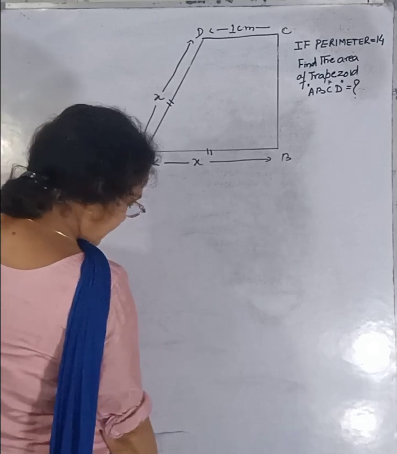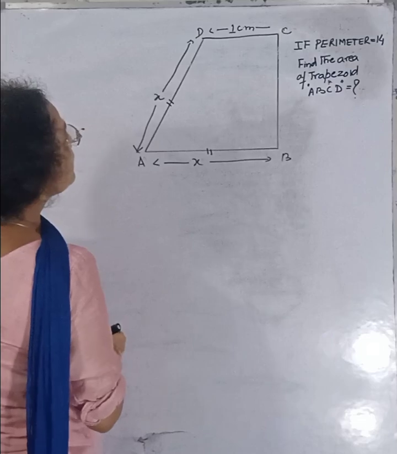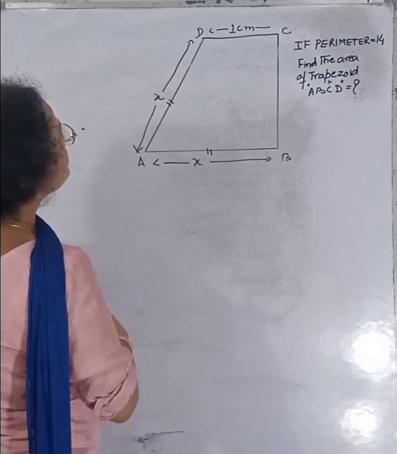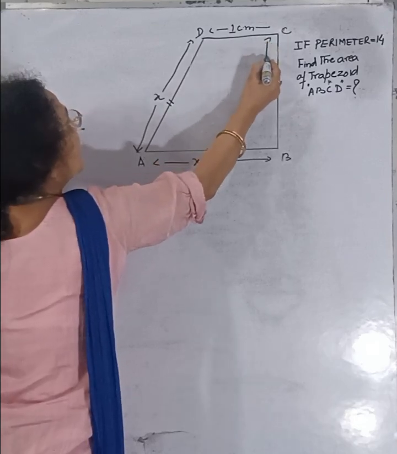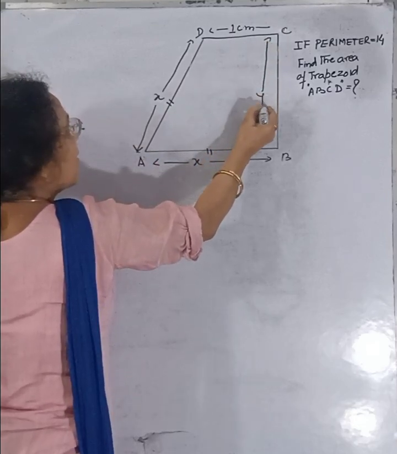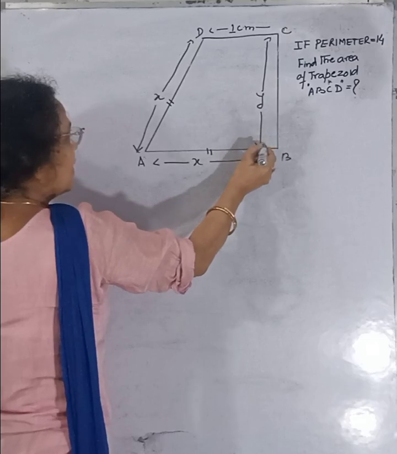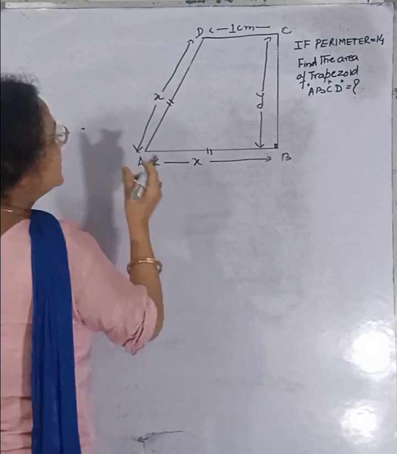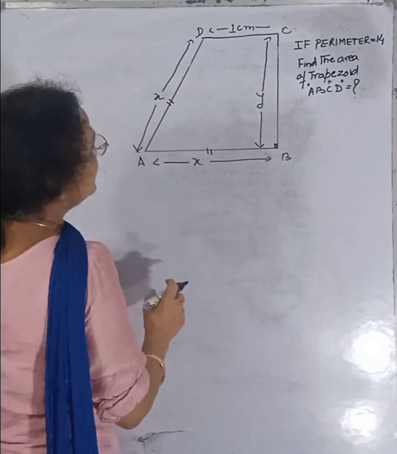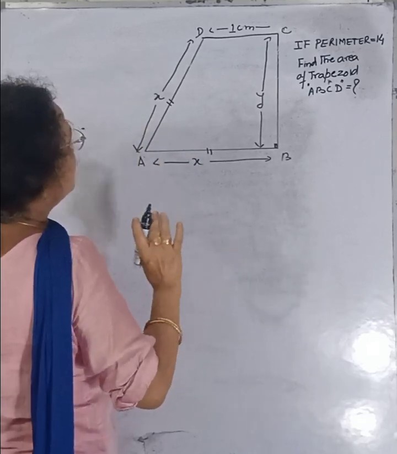Now, except this, suppose this is equal to y. This is given to us as perpendicular. It means the height of the trapezoid is equal to CD, that is y. We have assumed it.